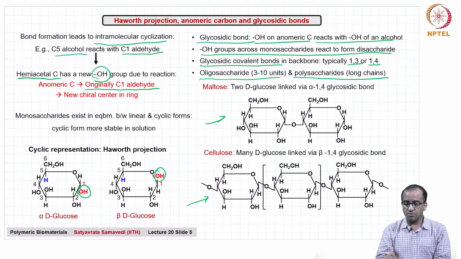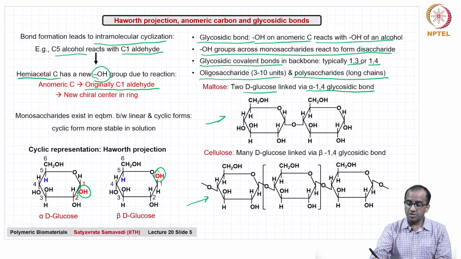So, in maltose or in cellulose, what's important to note here is not just what the individual monosaccharide sugars are, it's also important for you to note what type of bonds are formed. So, here they are D-glucose molecules. That should be obvious just looking at the structure of both of these mers, linked by alpha 1,4 glycosidic bond.